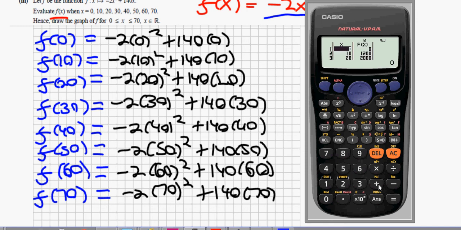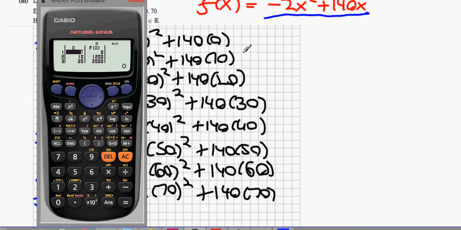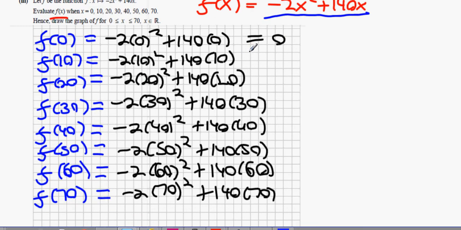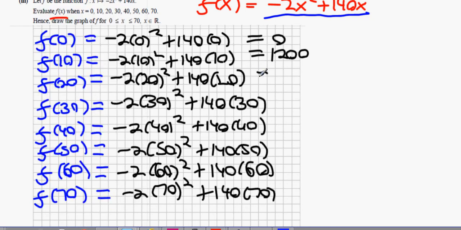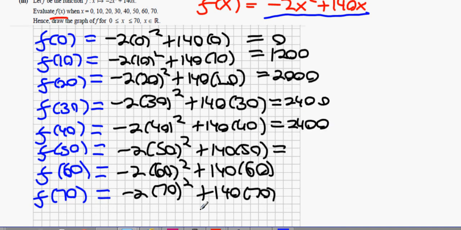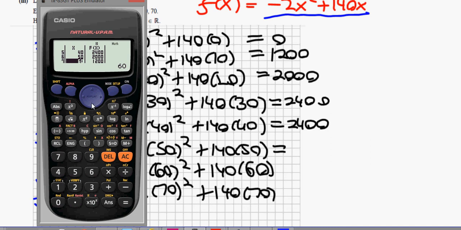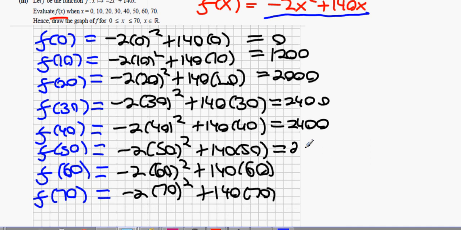So we're going to get 0, 1200, 2000, 2400, 2400, 2000, 1200 and 0. So these are our function values here.